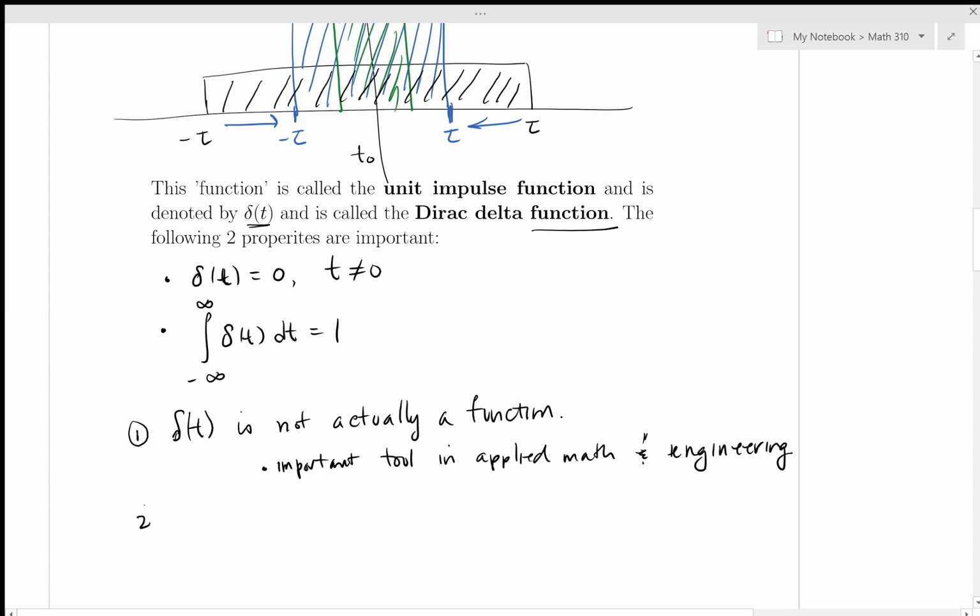Okay, the other thing that we're going to note is that when I say delta of t, we assume, well, it's not really an assumption actually, it's the unit impulse at t equals 0.